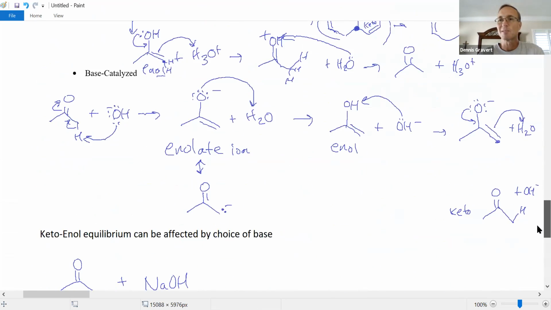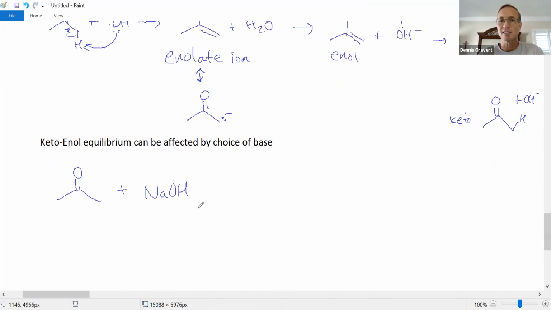So I'm actually trying to do something that's not favorable here. Hydroxide ion is too weak to make the anion, but you can set up the equilibrium. It's going to favor the starting materials and not favor the product. That's supposed to be an arrow here.